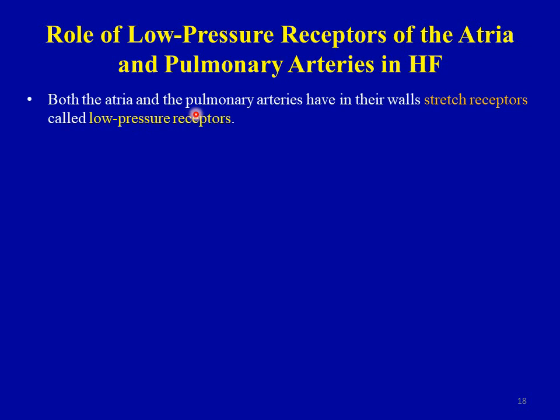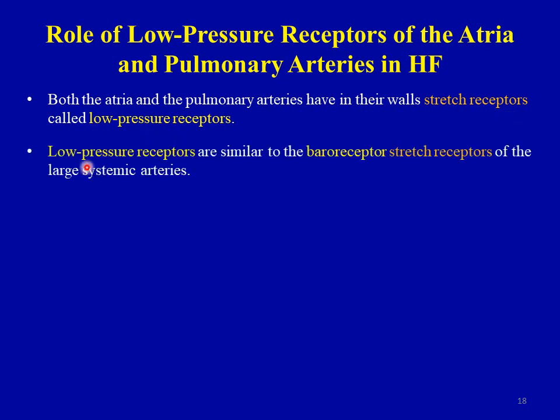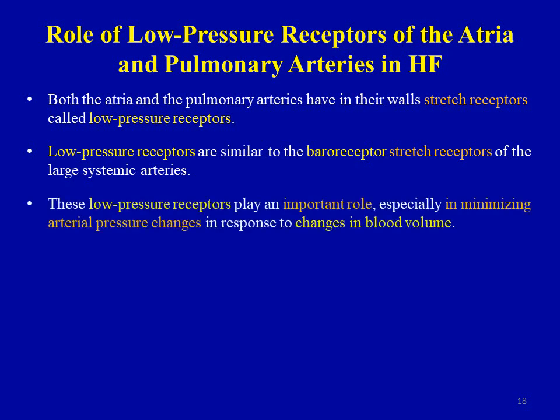Both atria and pulmonary arteries have in their walls stretch receptors or pressoreceptors called low pressure receptors. The low pressure receptors are similar to the baroreceptor stretch receptors of the large systemic arteries.